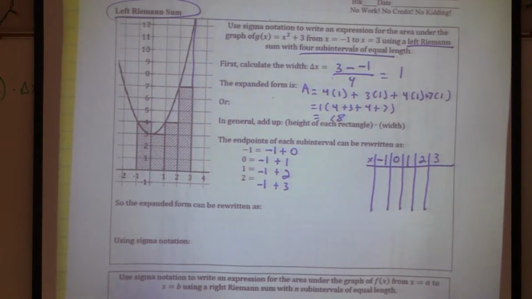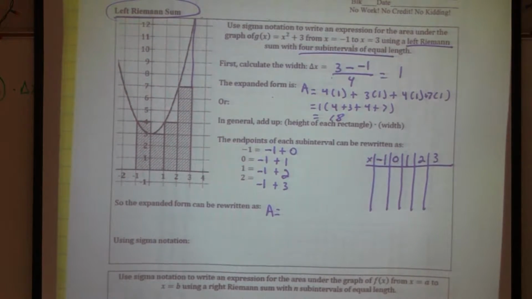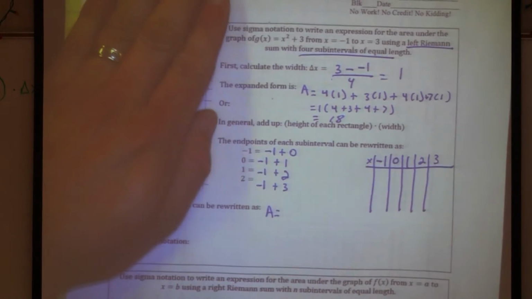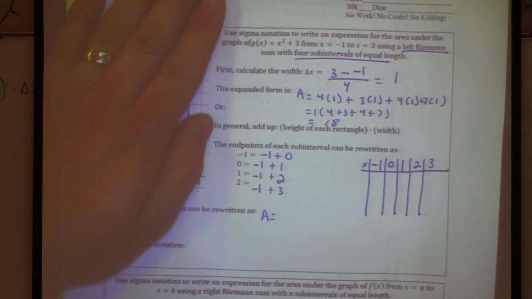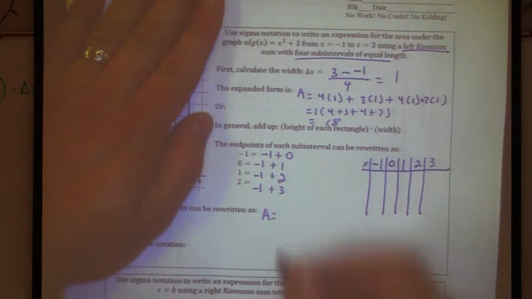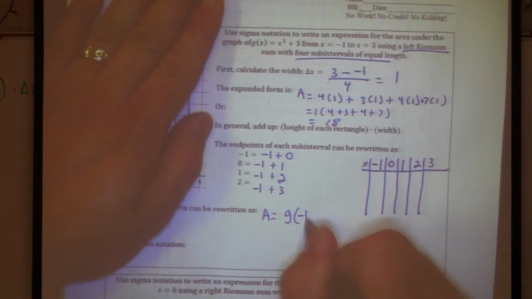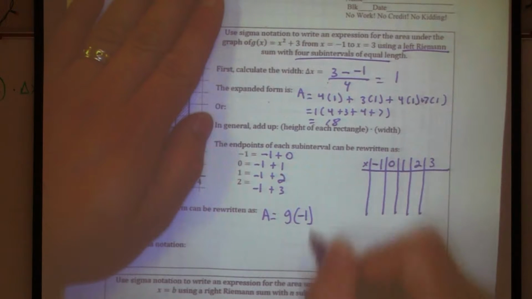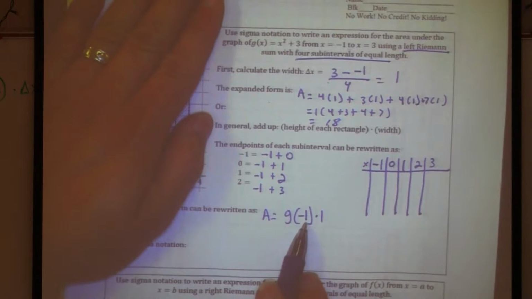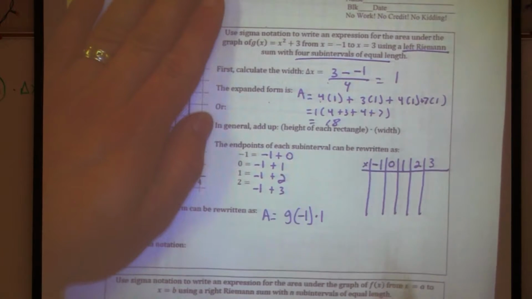So it's important. So what would the area be rewritten as if, let's say, I didn't have this picture here and I wanted to find it out another way, but I knew what my endpoints had to be. So we would say g of what? Negative 1, that's the first height, times 1. So g of negative 1 is actually like what? 4, right?